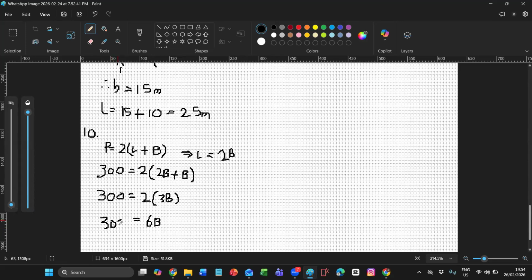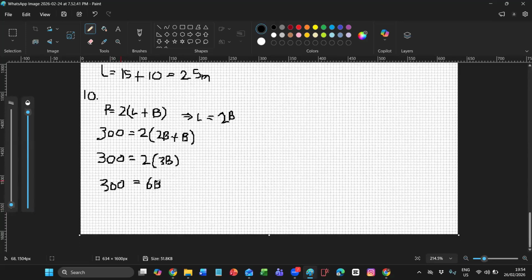Okay, so we're at that point where we make our final decisions on what B should be. We divide both sides by 6, and that's going to give us 50. Yes, 50, exactly. 6 takes itself out here, and 6 in 300 gives us 50.